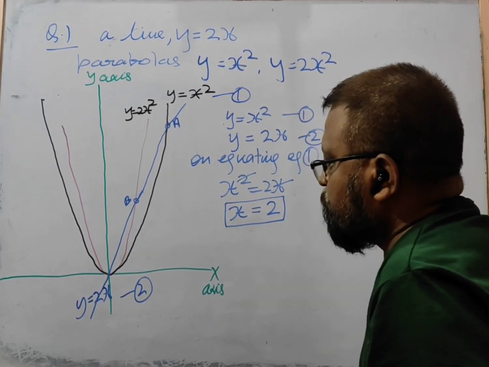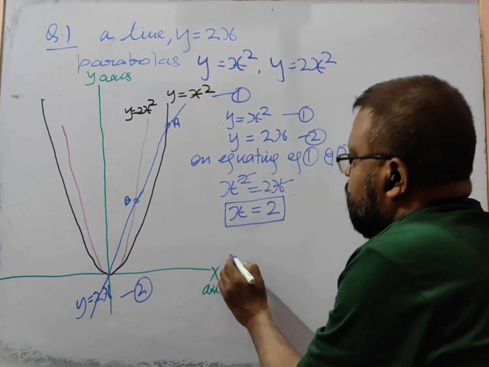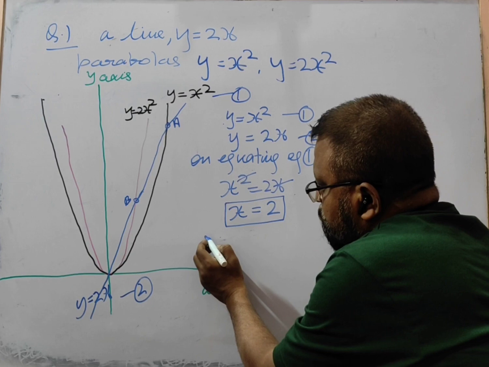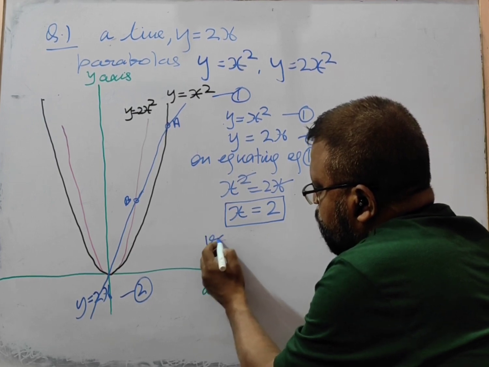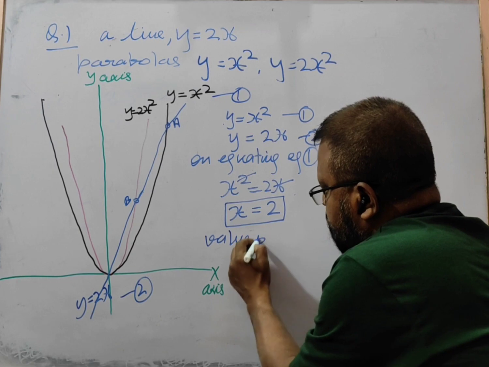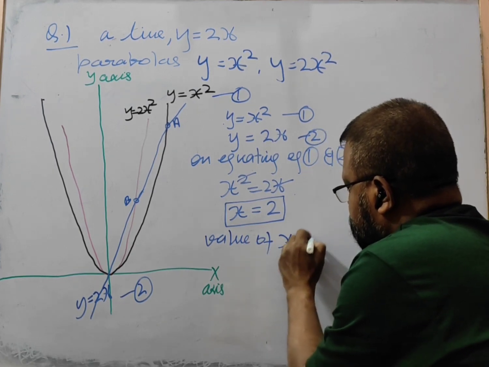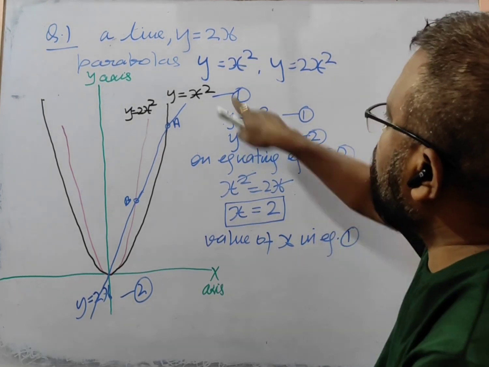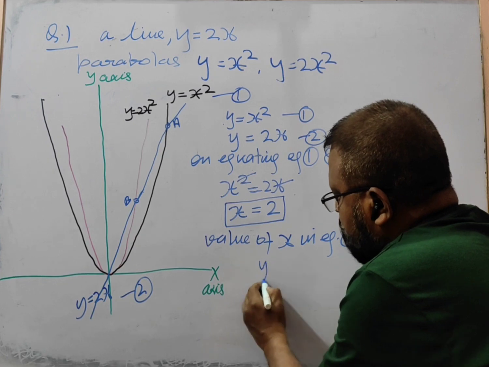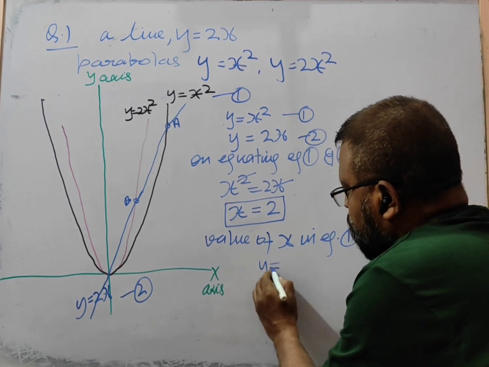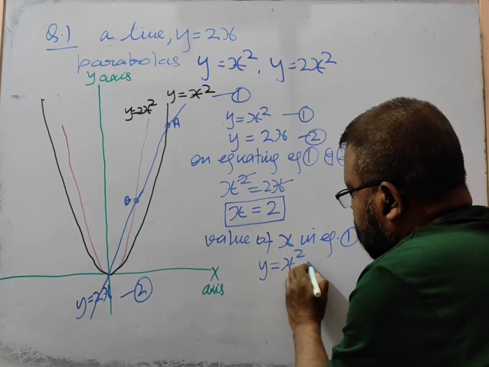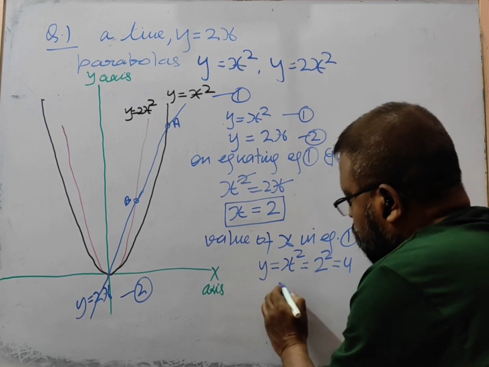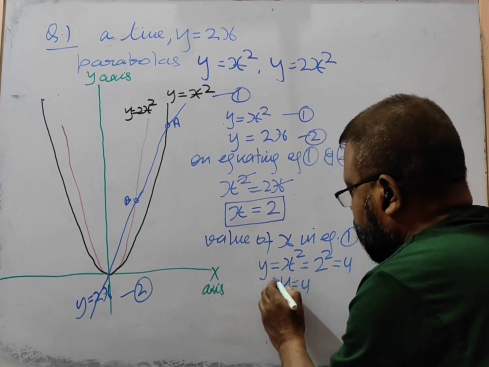If we put the value of x in equation 1, it is y is equal to x square. It means 2 square, you get 4. So y is equal to 4.